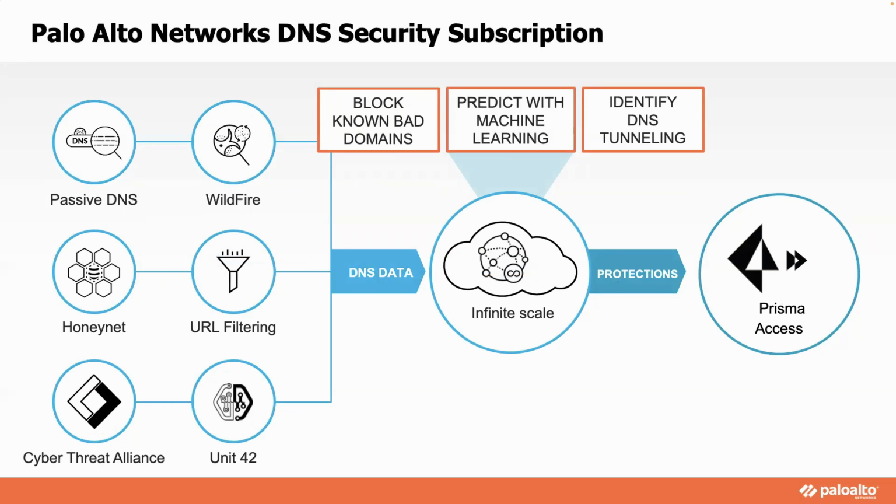So this gives us the ability, again, without a subscription but included with Prisma Access, but an additional subscription with on-premise firewalls, to block known bad domains and use our machine learning to predict bad stuff, identify DNS tunneling, using passive DNS, and WildFire, our honeypots, our URL filtering, information from the Cyber Threat Alliance that I was talking about, and of course our internal threat group, Unit 42.